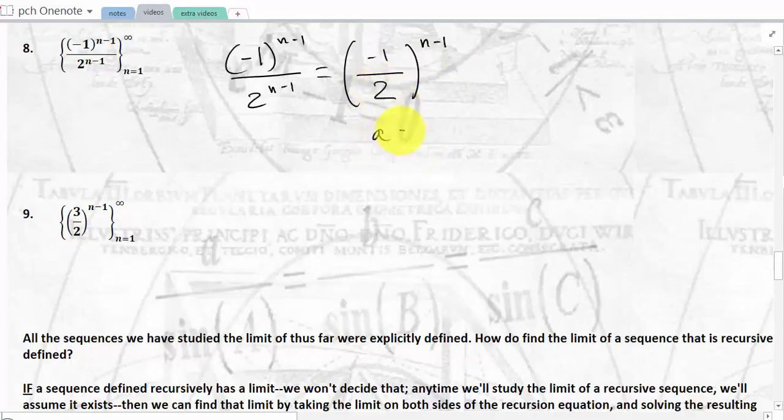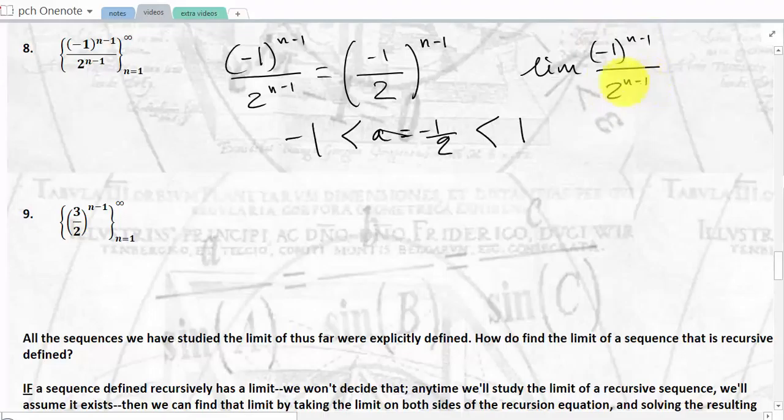So in this case, a is -1/2. And -1/2 is between 1 and -1, right? So the limit of (-1)^(n-1) over 2^(n-1) as n approaches infinity is actually equal to 0. Okay, I'll let you do number 9.